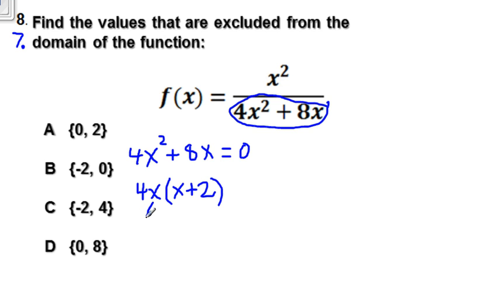So if we set 4x equal to 0, and solving for x, we can say x equals 0. Divide both sides by 4, and so based on that alone, I guess we can cross off C. That cannot be right. And then we have our other factor, which is going to be x plus 2. Set it equal to 0.